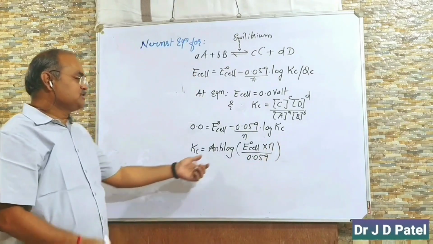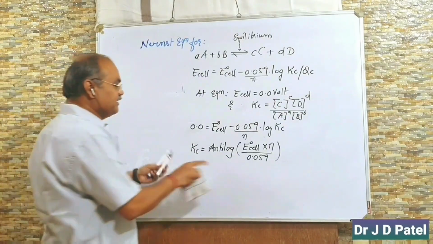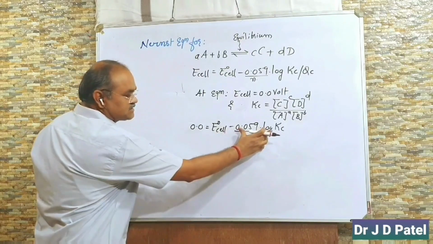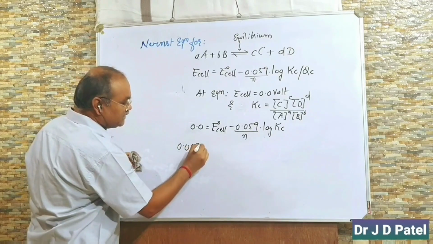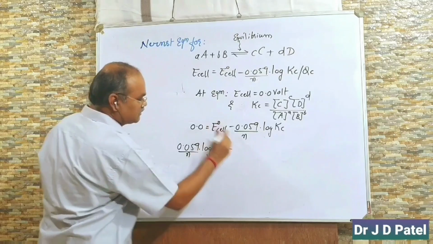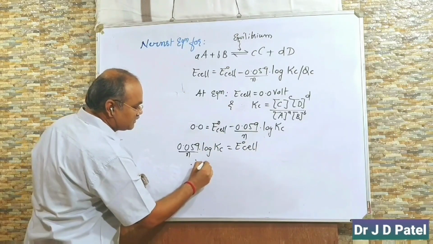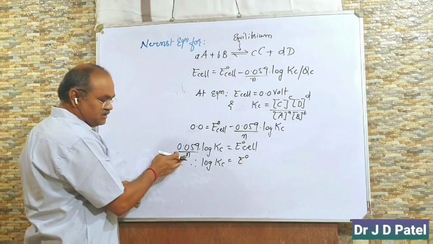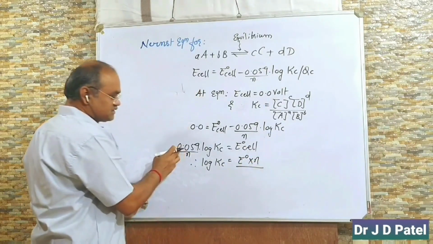If you don't understand, I will write in detail. This is negative, I am taking the whole term on this side. So it will become 0.059 by n log Kc is equal to E0 cell. Therefore, log Kc is equal to E0 cell, this is in the denominator, it will go up, and this is in the numerator, it will go down, 0.059. Right?